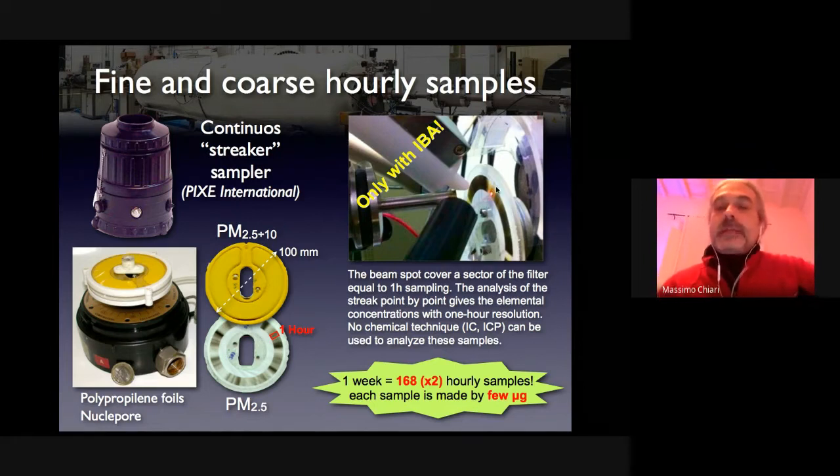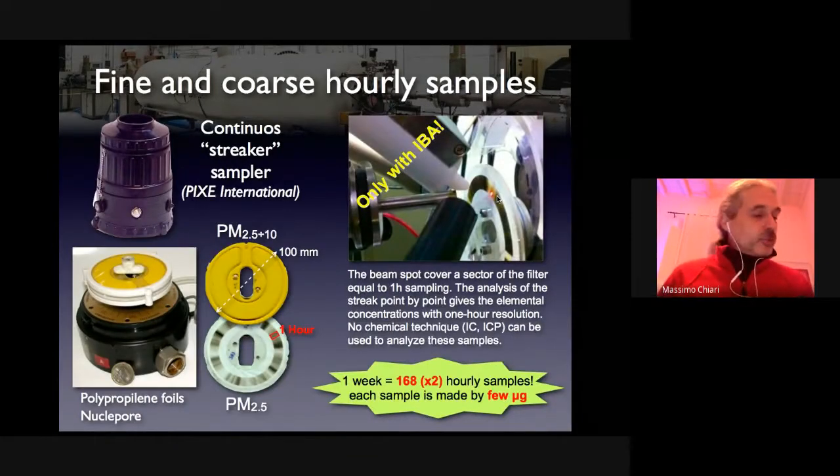Whereas with ion beam analysis, you can focus the beam to a beam size of, for example, 1 millimeter, and then with high speed measurements, for example measurements lasting just a few tenths of seconds, you can analyze such a large number of samples characterized by very small mass of material in just a few working days.